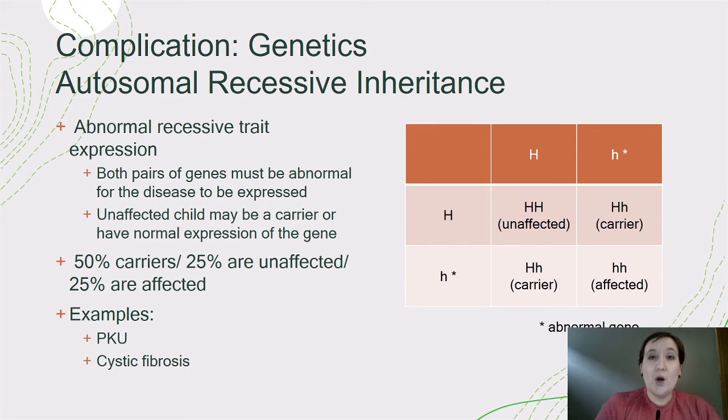Again, we all have abnormal recessive genes. We all carry some form of genetic disorder, but they're not expressed because the other genes are being expressed as dominant.